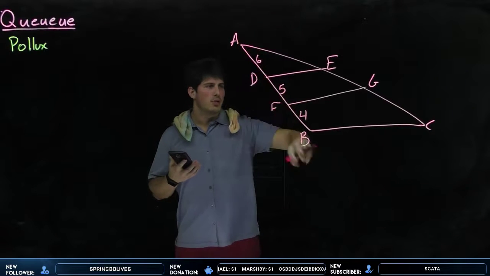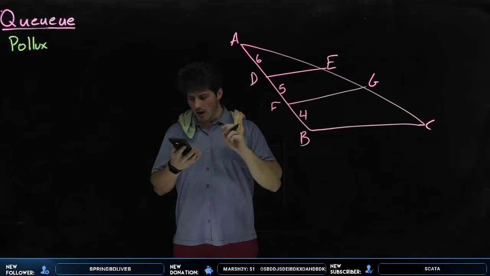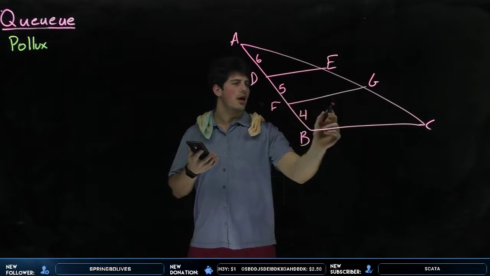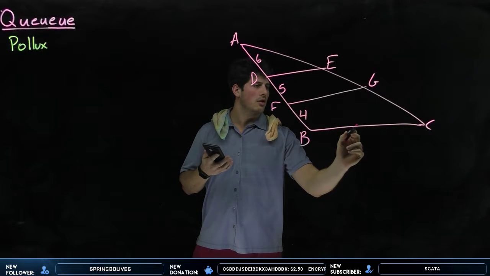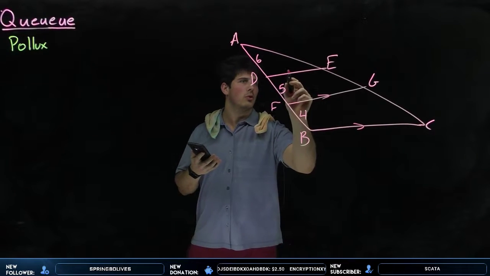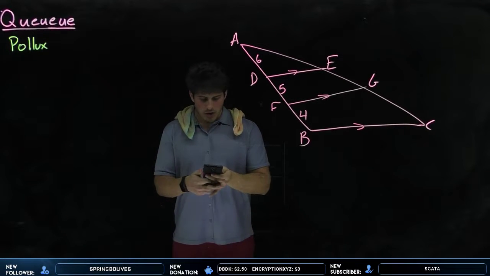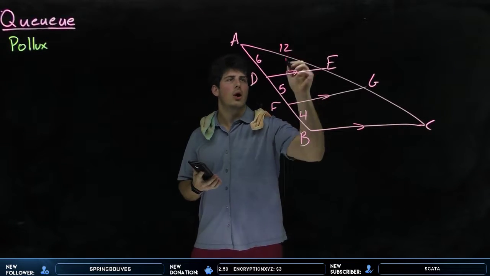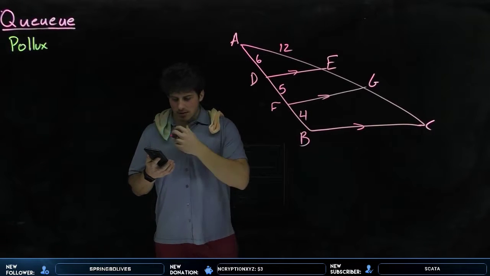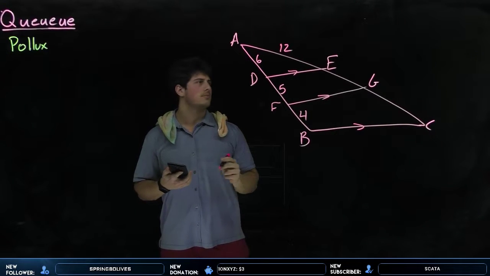D and F are on AB, so on and so forth. And you have that DE, FG, and BC are all parallel. So boom, boom, boom. What can we do with this? They give us one more length, 12. What is the length of AC? So we're trying to find.